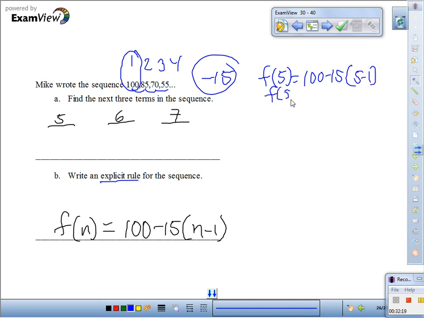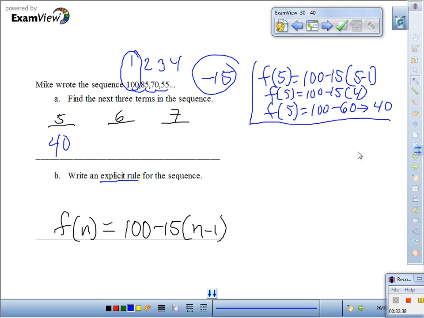F of 5 equals 100 minus 15 times 4. F of 5 equals 100 minus 60. What is 100 minus 60? 40. That goes right there. So you're like, I got it. Well, of course you got it, because you can just follow the pattern. But did you show me this work?